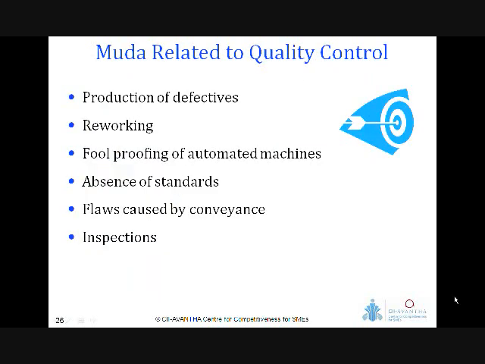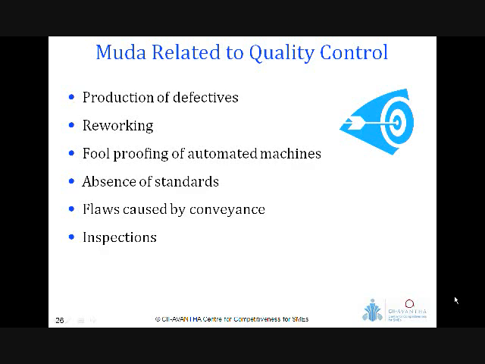Now Muda related to quality control. Scope of Kaizen ideas are there in quality control too. You can do Kaizen for reducing the rework, eliminating the defect, doing the foolproofing, fixing the standards, reducing the defect caused by conveyance.